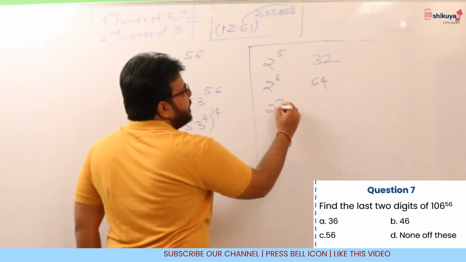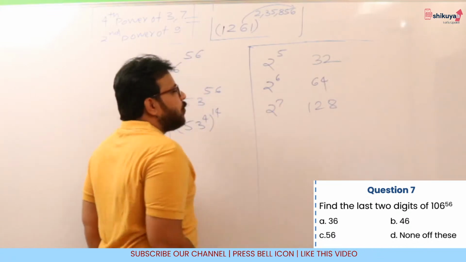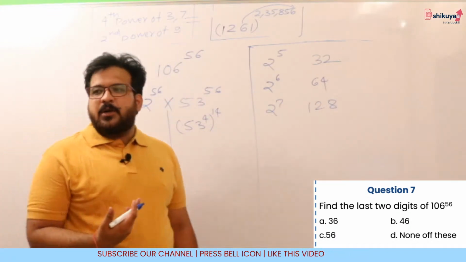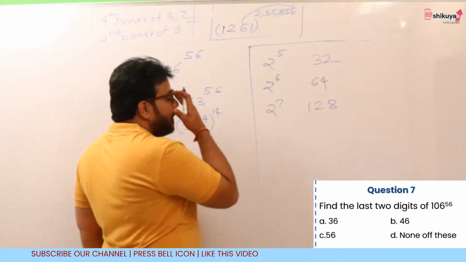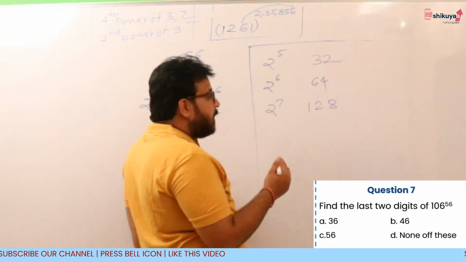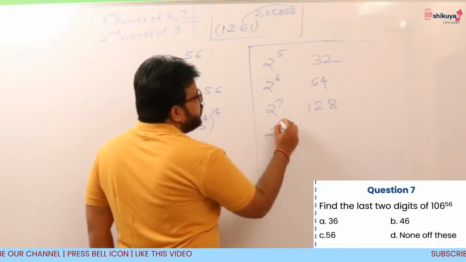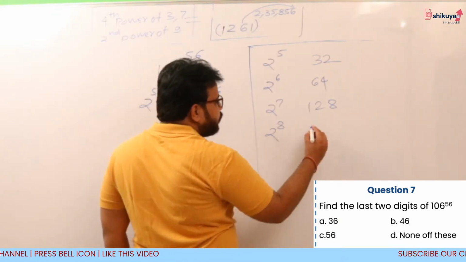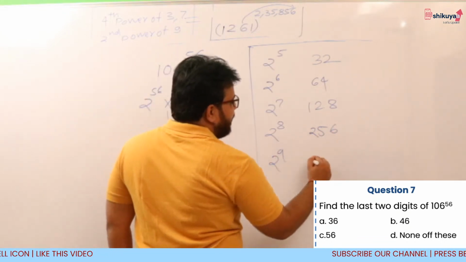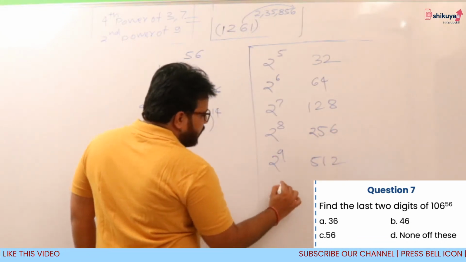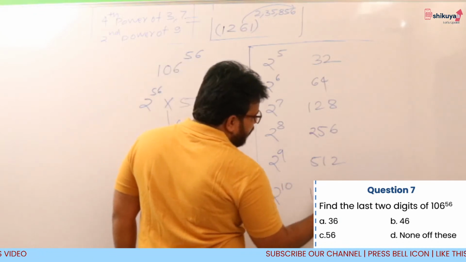What about seventh? 128. Come on, don't waste our time. In digital electronics, we have been learning binary numbers, base 2, since many years. So 2 raised to 8 is 256. 2 raised to 9 is just double, 512. And 2 raised to 10 is 1024.